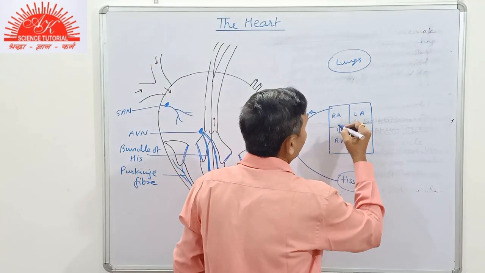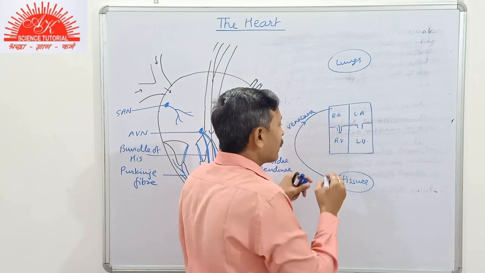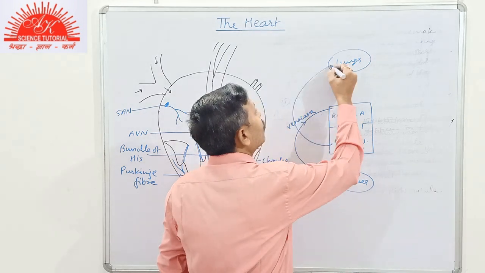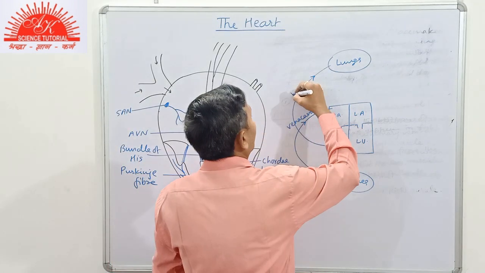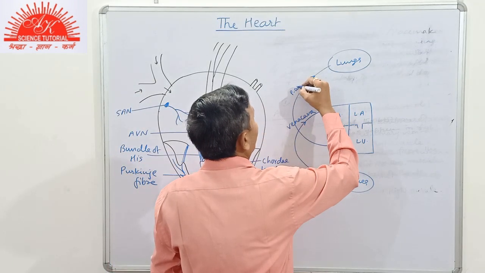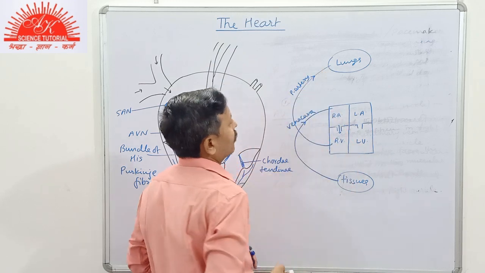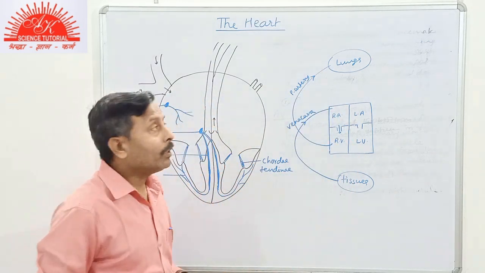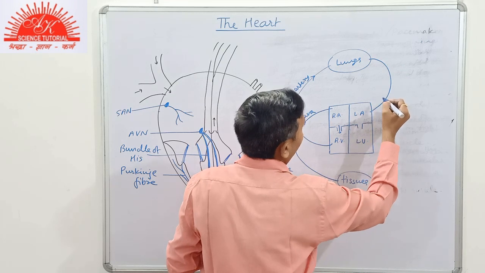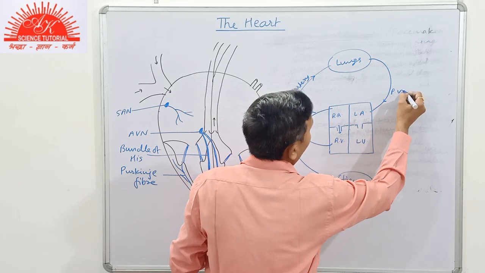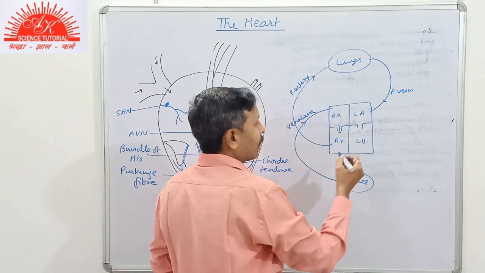Then the blood goes to the right ventricle. From here it goes to the lungs through the pulmonary artery for oxygenation. Now from the lungs, after oxygenation, blood returns to the left auricle through the pulmonary vein, which is an exception.